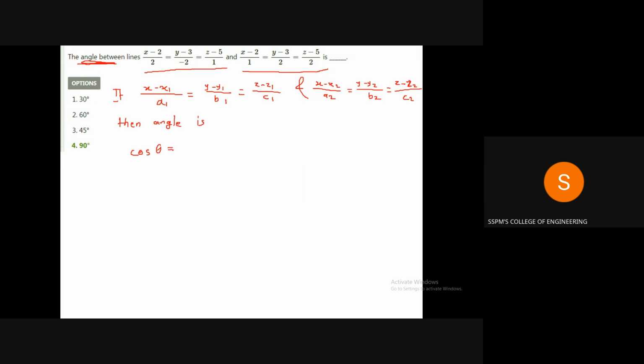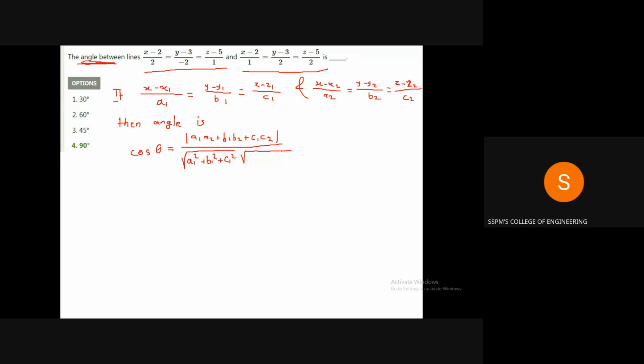Cos of theta is equal to what? Cos of theta is equal to mod of (a1 a2 + b1 b2 + c1 c2) divided by the square root of (a1 square + b1 square + c1 square) into the square root of (a2 square + b2 square + c2 square).